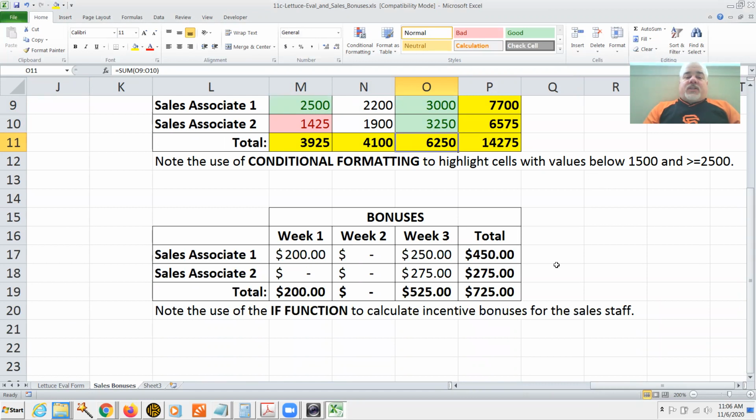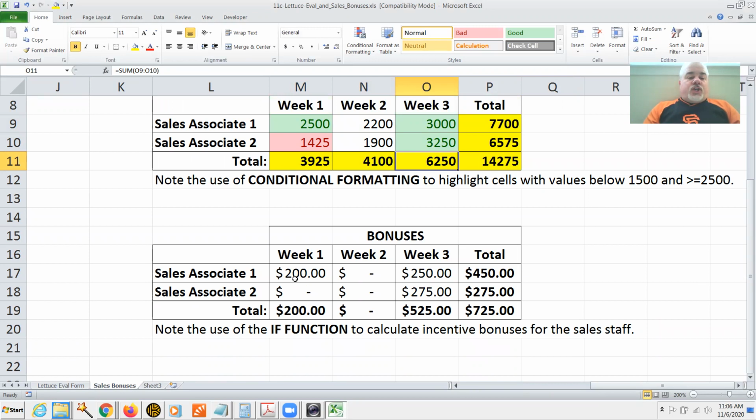So then what about this table here? Let me move that down a tiny bit so I can see there. So again, the sales associate gets their 200 bucks for 2,500 units. How many additional units did they earn? None.